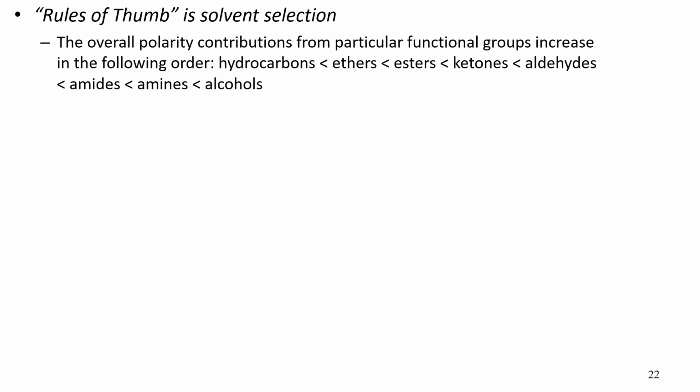So when we choose our solvent, the rule of thumb that we use is we look at the polarity contributions from functional groups. As we go through this list, these are the things that are going to be the greatest polarity. So hydrocarbons are the smallest contributors, then ethers, and then esters, ketones, aldehydes, amides, amines, and finally alcohols are going to be the most polar.